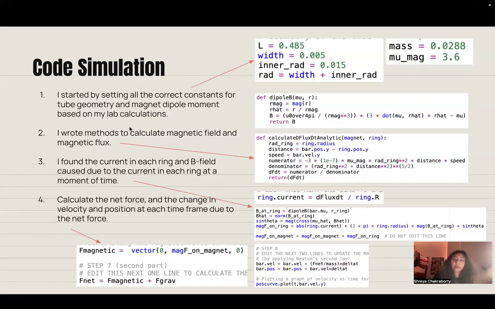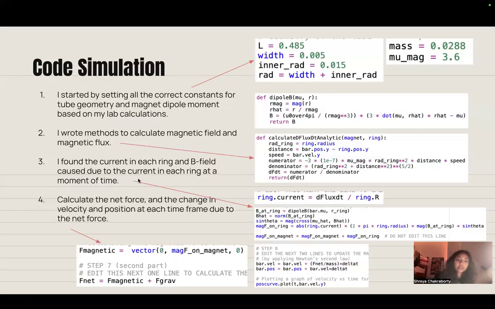Then I wrote methods to calculate the magnetic field and flux. This one we've used in previous labs, but for the flux, we had to use the equation where you take the B field times the area of one ring, and we're considering the tube to be a series of many rings.